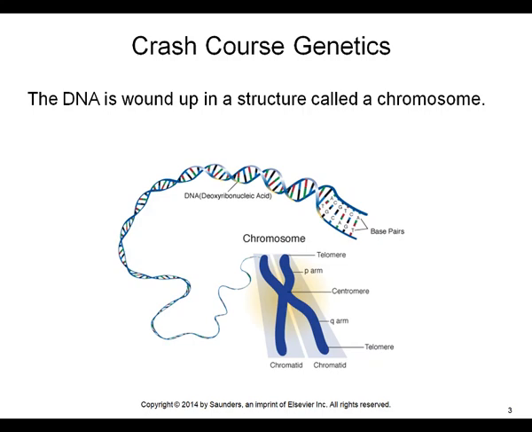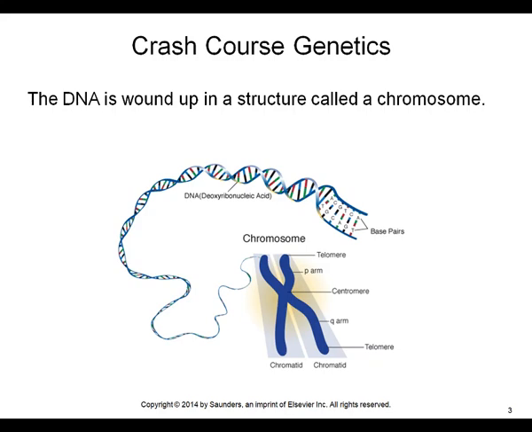So how is the DNA packaged? The DNA is in the nucleus of each of your cells, or most of your cells. It is wound up in a structure called a chromosome. So let's look at the chromosome here. You can see that this is just a cartoon, right? So this isn't realistic. But if you were to unravel the chromosome, you would see that there's a bunch of DNA in there.